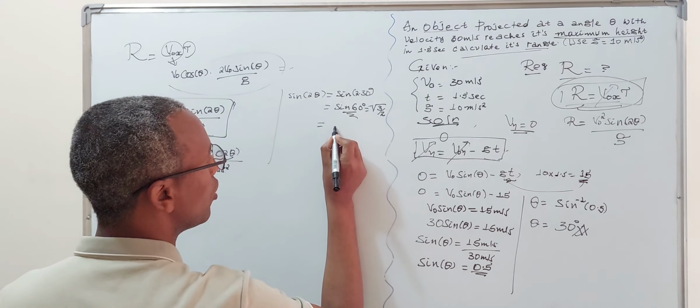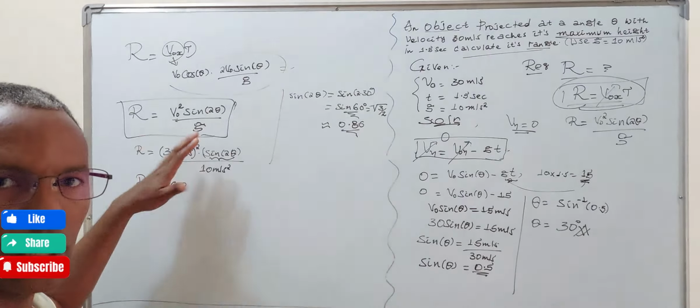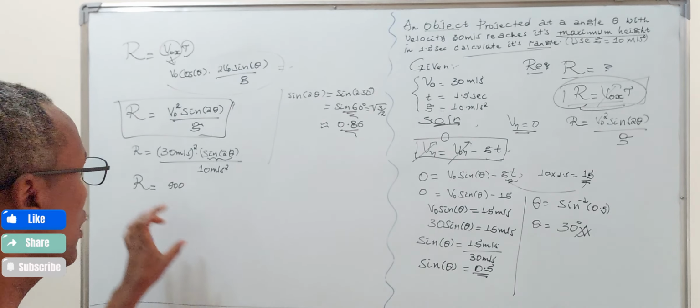So you can just plug everything in. The range of the projected object is equal to 900 meters squared per second squared, times square root of 3 over 2, over 10 meters per second squared. Forget about the unit for now, because you need to express range in meters.